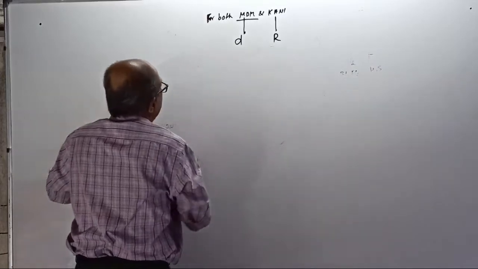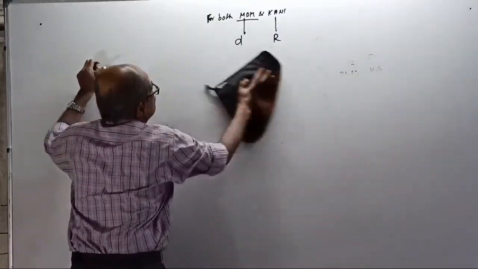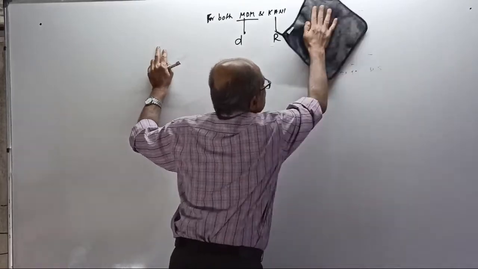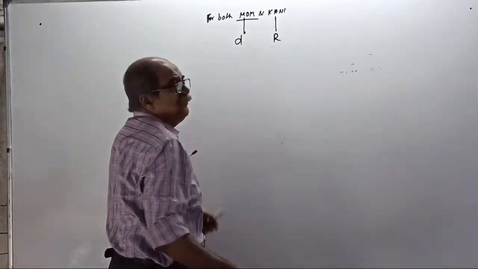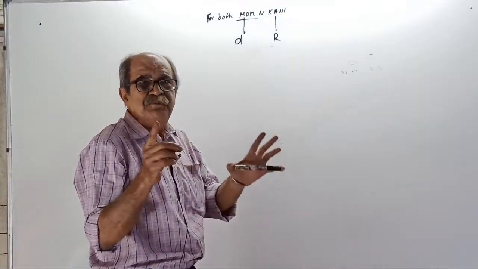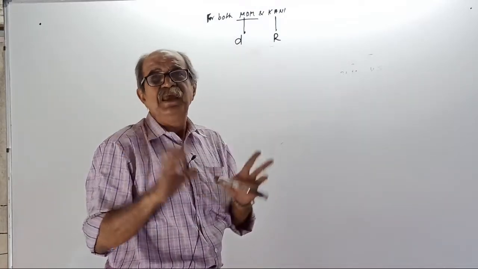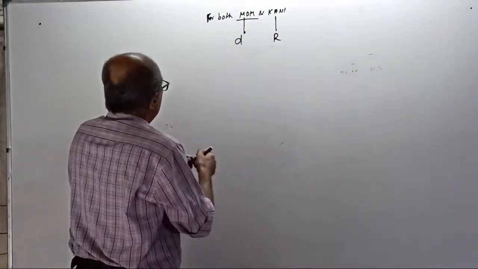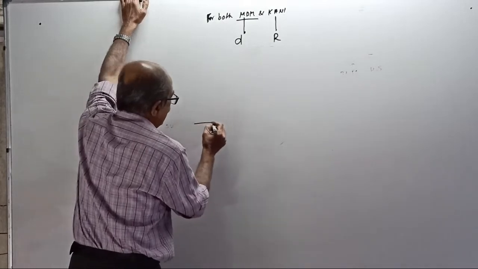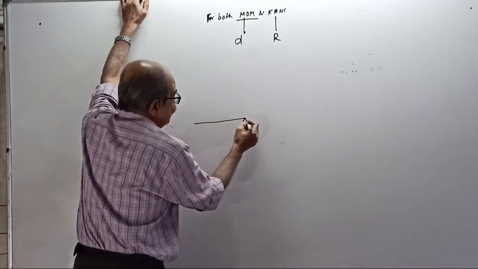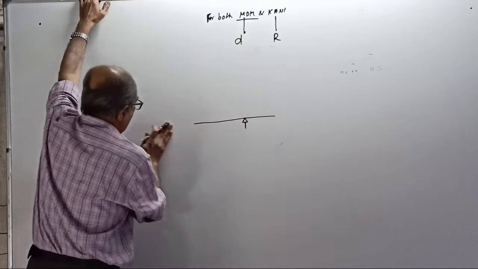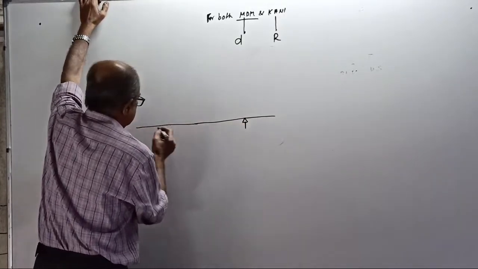Second important point you should remember is, in case of continuous beams, you get overhanging cases. Suppose there is an overhang here or this side overhang.